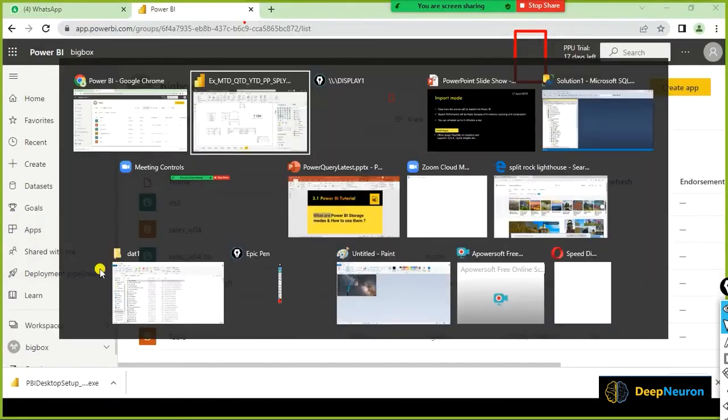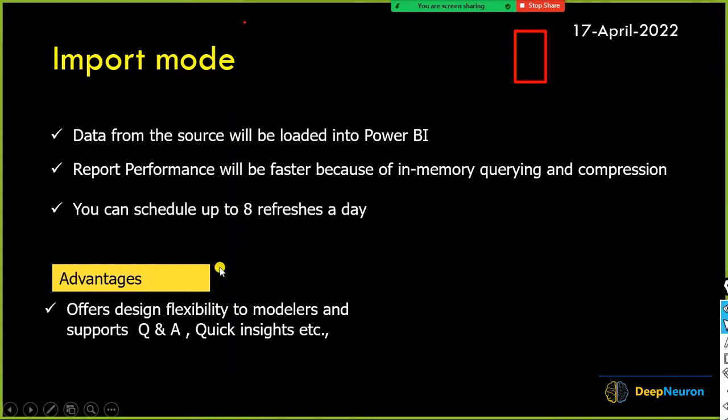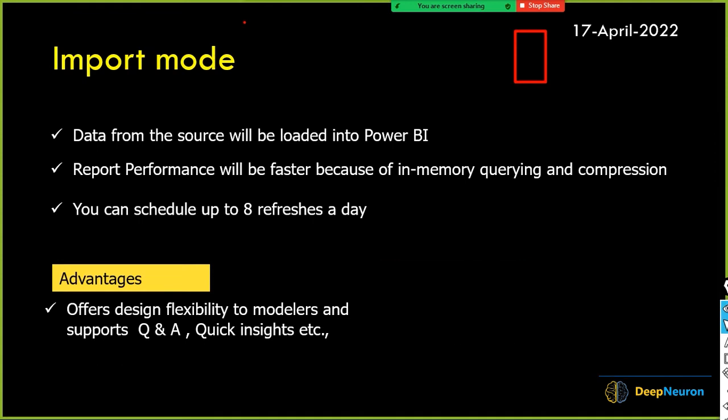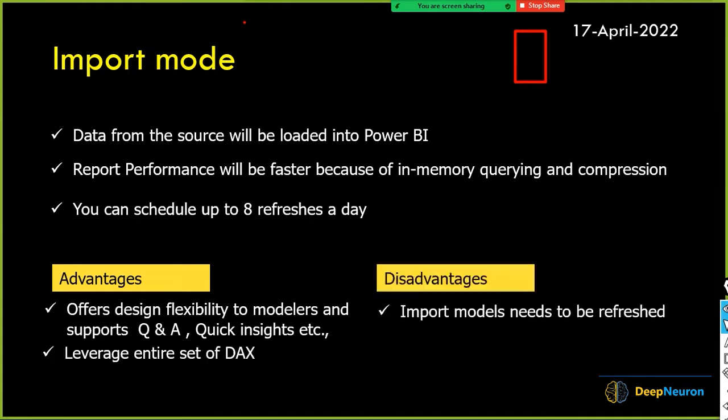So the advantage of import mode is it offers design flexibility to data modelers, supports Q&A and quick insights, and also leverages the entire set of DAX commands. And the disadvantage: import models need to be refreshed.